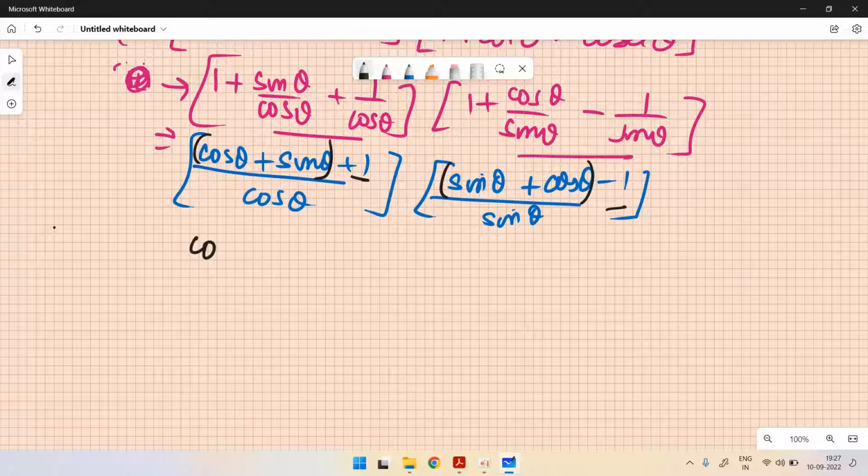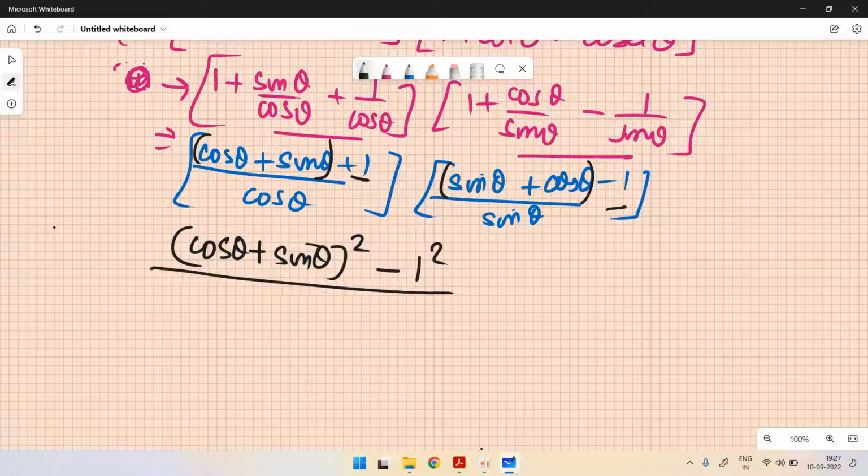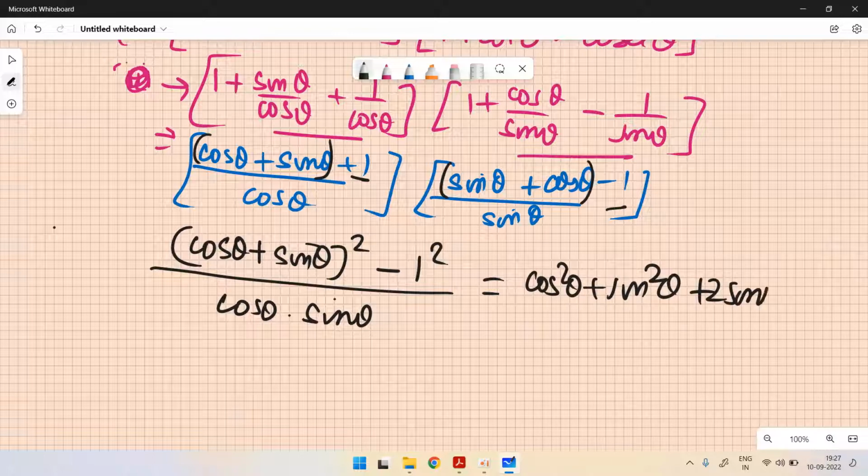So I can write cos theta plus sin theta whole square minus 1 square by cos theta into sin theta. The a plus b whole square is a square plus b square plus 2ab, so this is cos square theta plus sin square theta plus 2 sin theta cos theta minus 1 upon cos theta into sin theta.